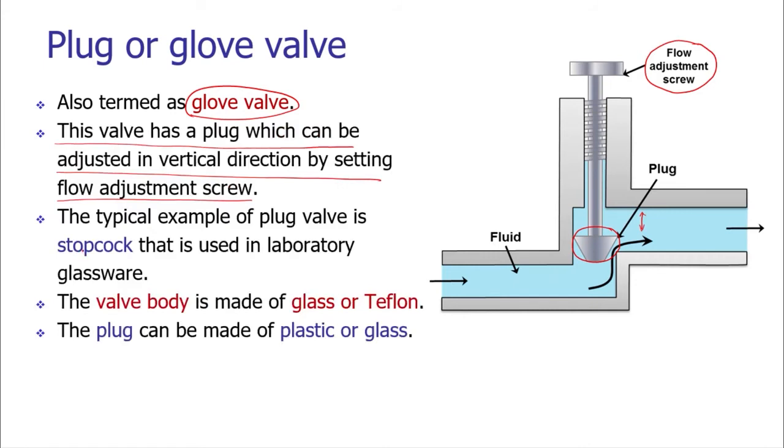The typical example of the plug valve is the stopcock which we use in our laboratory glassware. In general, the body of these plug valves is made up of glass or Teflon, and the plug is made up of plastic or glass.